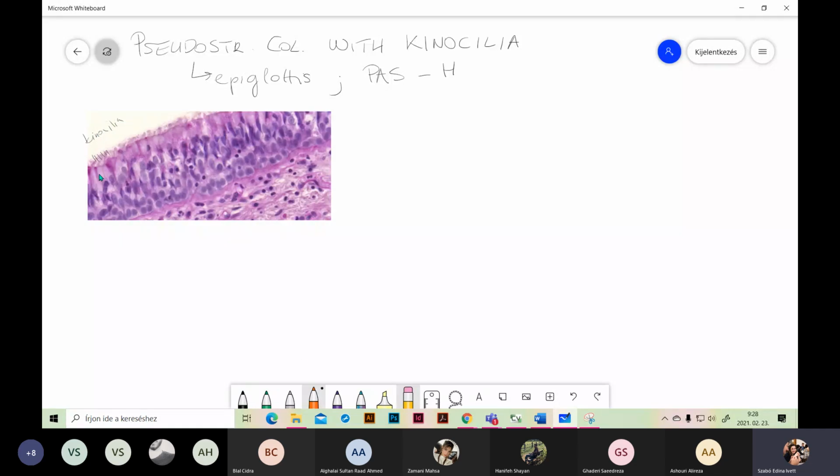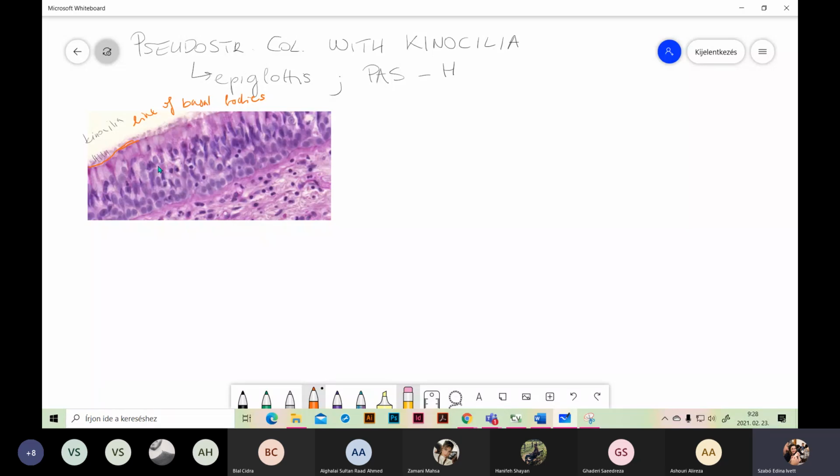And you see the line of basal bodies here. We see the cells, extra cells, and then we have to stop because it's time.